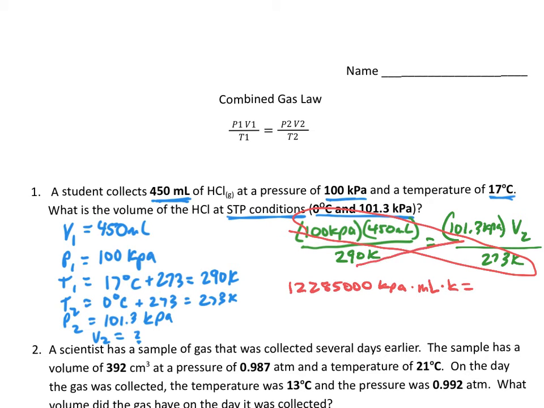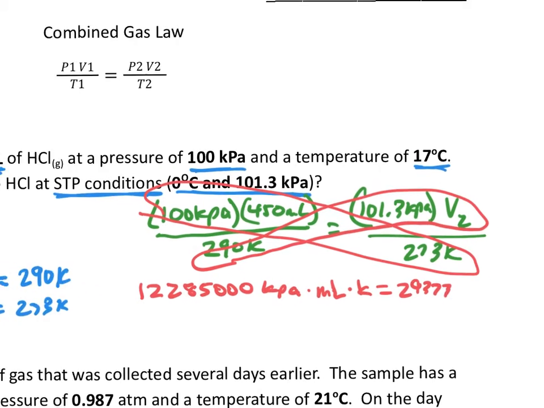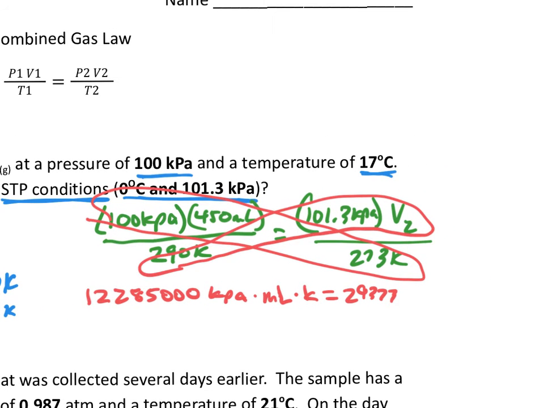So 290 times 101.3 gives me 29,377. And the unit on that would be K times kPa. And we're multiplying that by V2, right?